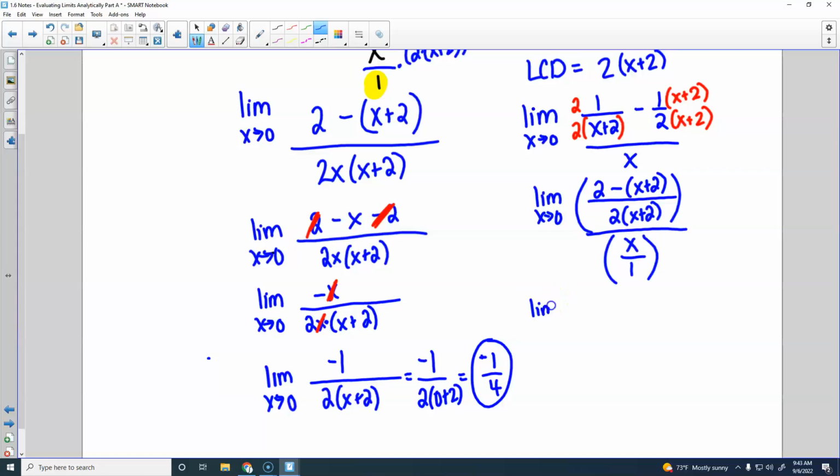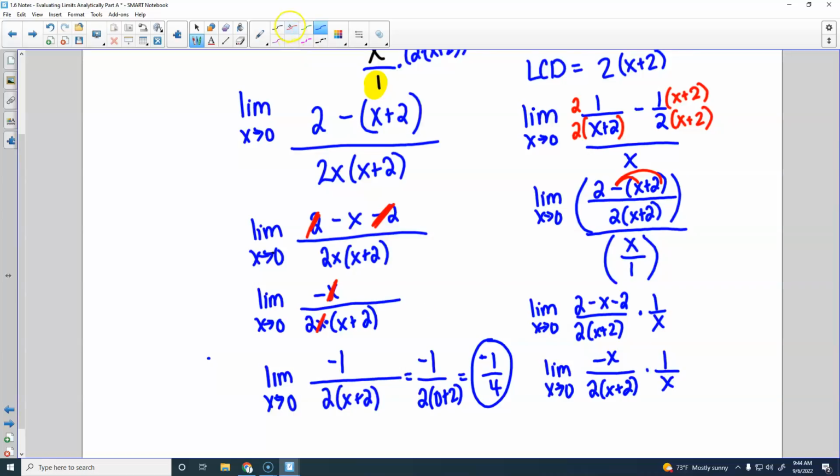So I could do it this way, limit as x approaches 0 of, I'm going to distribute that negative right there, 2 minus x minus 2 over 2 times x plus 2 times 1 over x. That is the limit as x approaches 0 of negative x over 2 times x plus 2 times 1 over x.